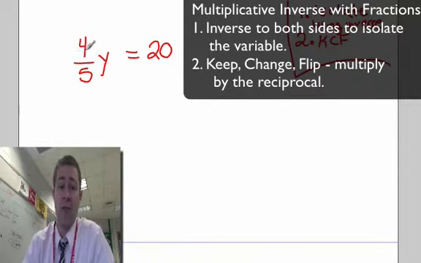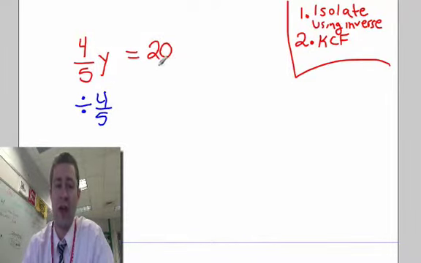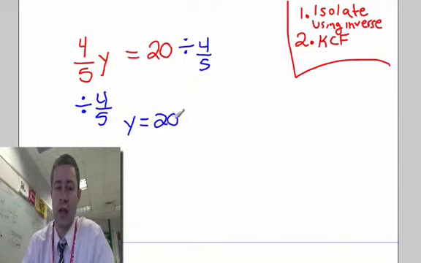So I have 4/5 times y equals 20. If I'm multiplying y times 4/5, I divide by 4/5. I need to do the inverse. And if I do it to this side to balance, I must do the same thing over here. And so I end up with y equals 20 over 1 divided by 4/5. And so I do the keep, change, flip.